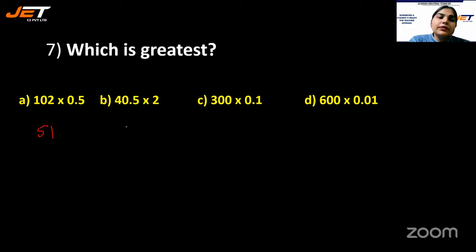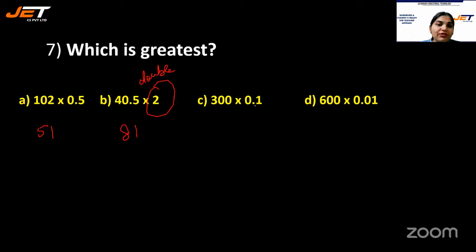Do it. So as it's 40.5 times 2, it means the double. The double of 40 is 80. 0.5 plus 0.5 is 1, so 81.